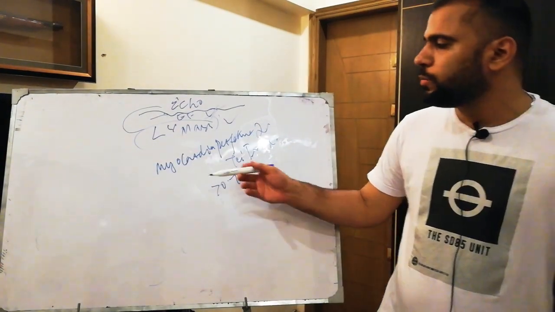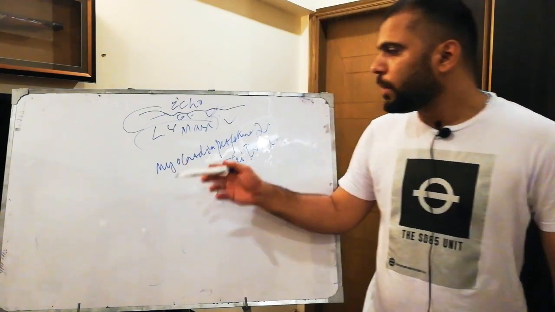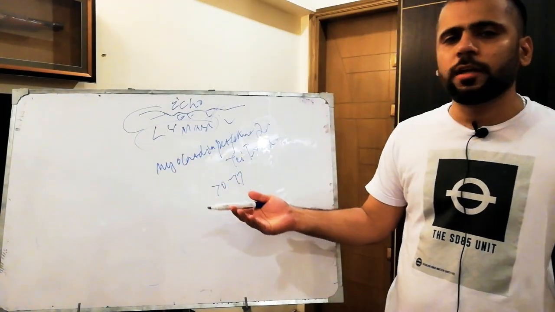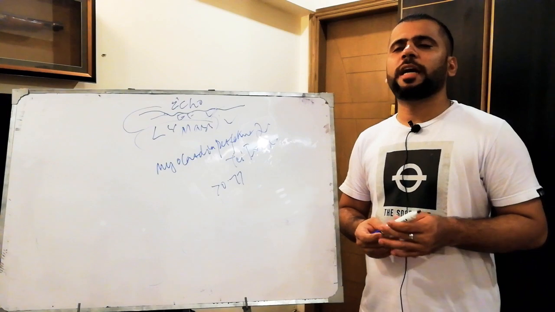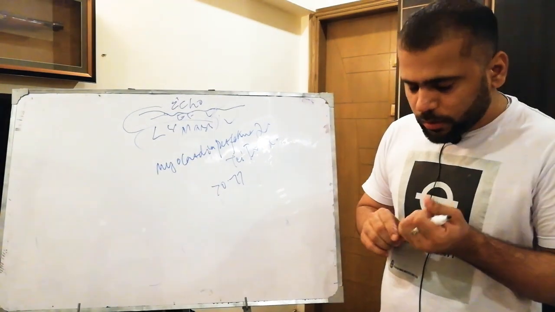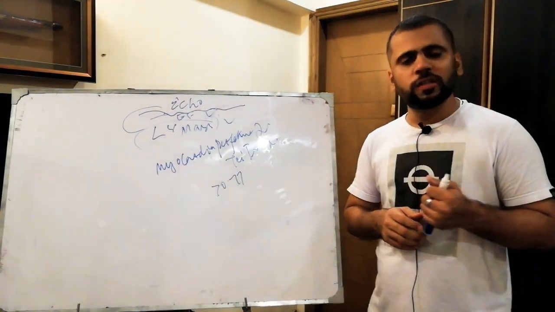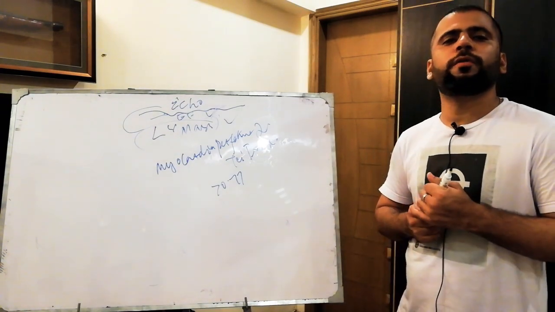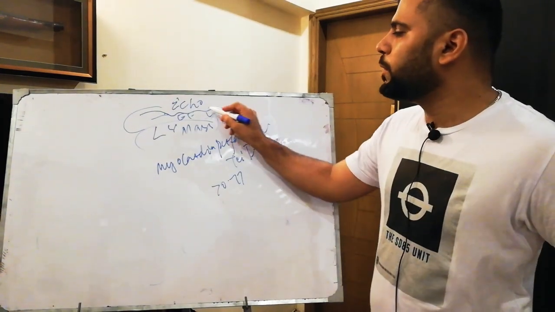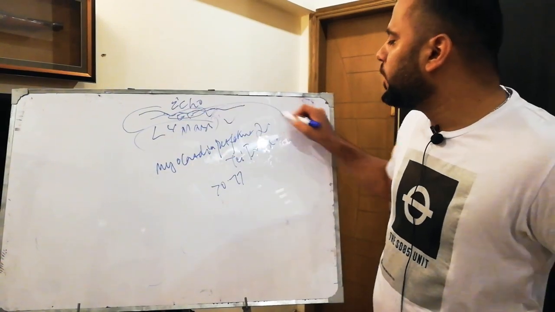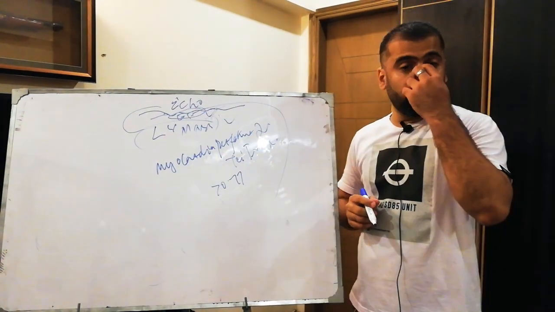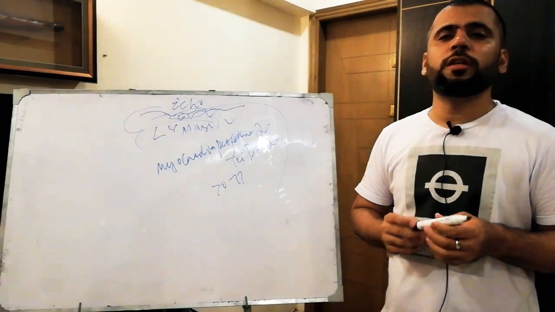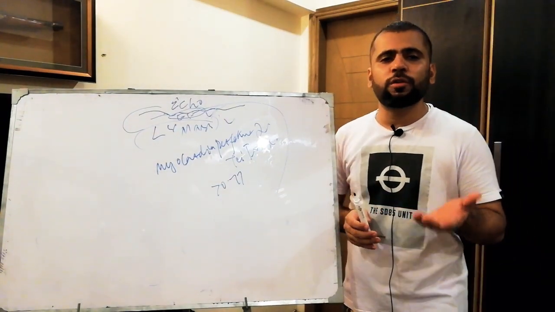And another thing we can do with echo is the measurement or diagnosis of diastolic dysfunction. We will discuss this in our topic of diastolic dysfunction. Now remember one thing, the prognostic value of ejection fraction depends upon how it is calculated.